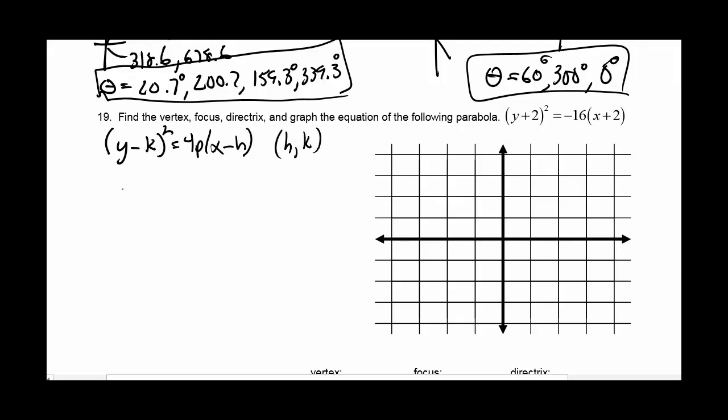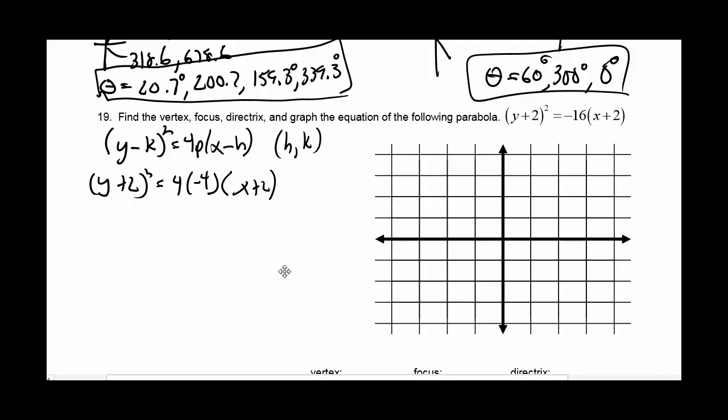Well, if I have y plus 2 squared, I want 4 times something, x plus 2. So what do I multiply 4 by to get negative 16? That would be negative 4. Which already tells me some information about what my picture is supposed to look like.